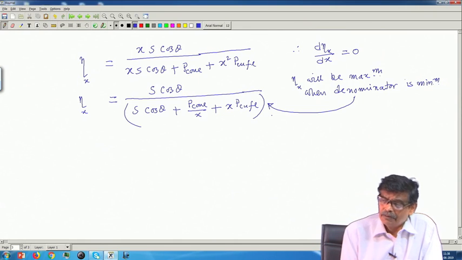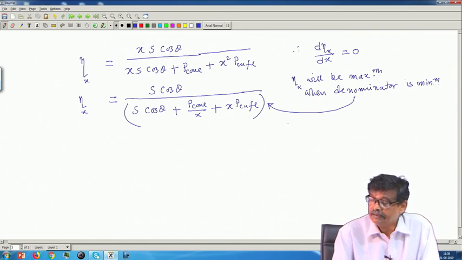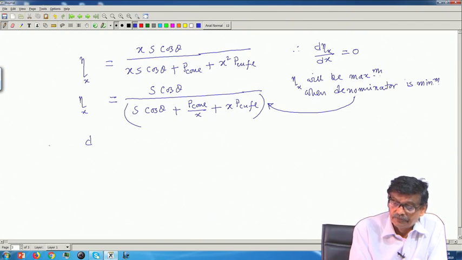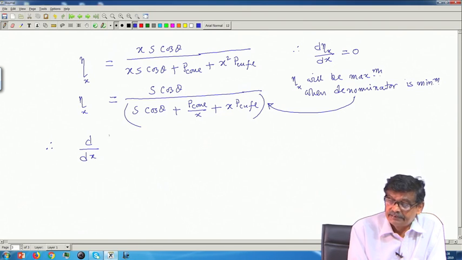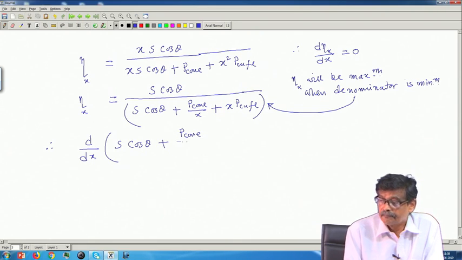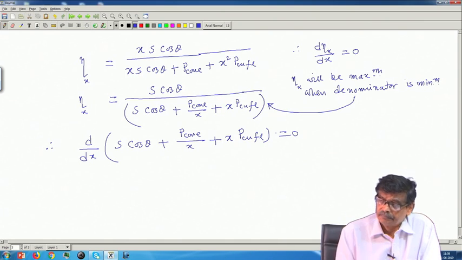So, to have this denominator to be minimum, I should differentiate this like this and set it to 0.